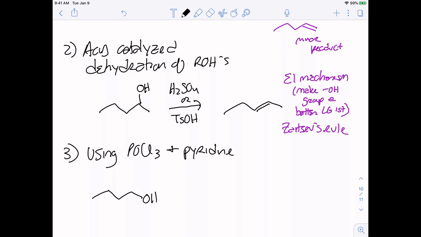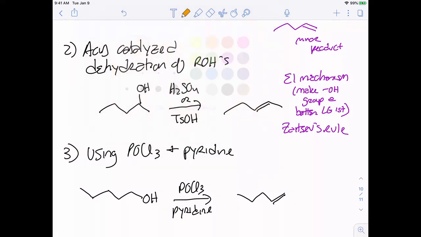So primary alcohol. And I ended up, sorry, I flipped it upside down on you. Not that it matters, but sometimes it's harder to see what I'm doing if I do that.